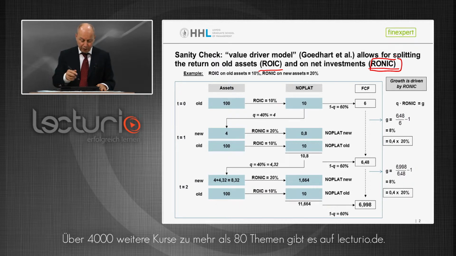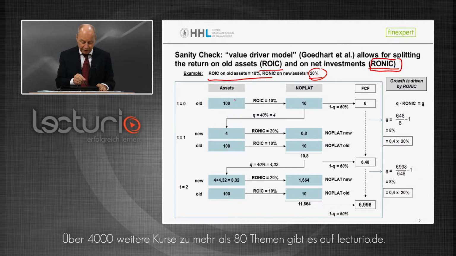We split the ROIC into the rate of return on the old assets of 10%, and the new assets have a higher rate of return, double the old, that's 20%. This calculation shows that the growth rate of our NOPLAT and of our free cash flow is driven by the 20% RONIC, the rate of return on our newly acquired investments, and not by the ROIC on the old ones.